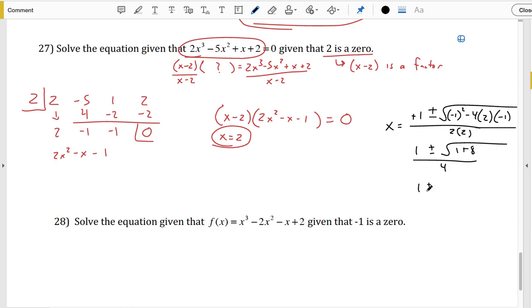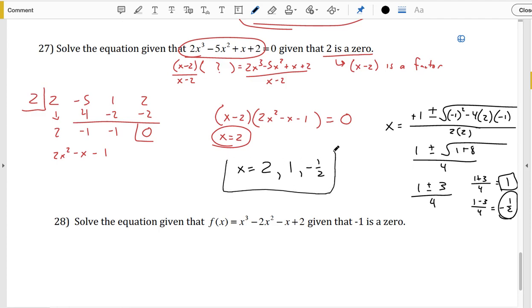So I got 1 plus or minus the square root of 9, which is 3, all over 4. So I got 1 plus 3 over 4, which is 4 over 4, which is 1, and 1 minus 3 over 4, negative 2 over 4, which is negative 1/2. So my three solutions are x equals 2, then 1, and negative 1/2. And those are my final answer.